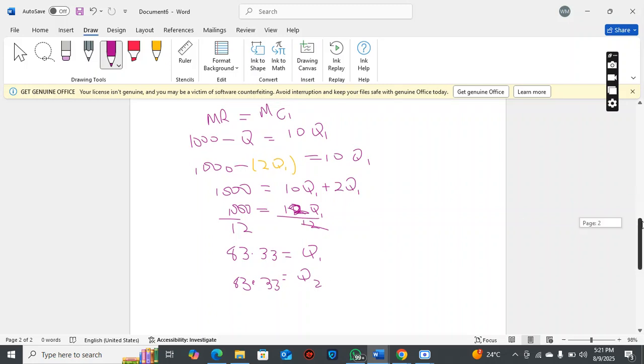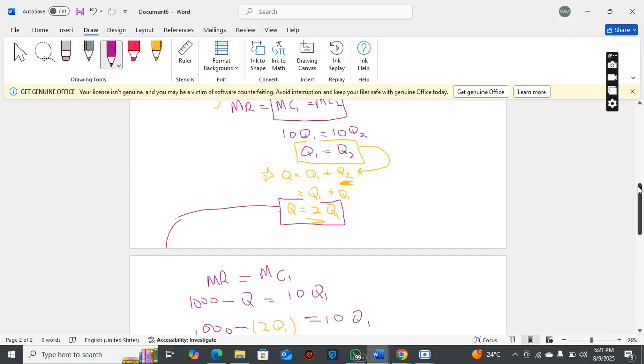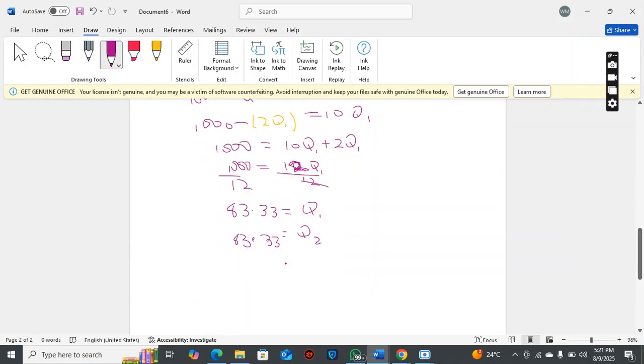All right. Then if you want to find the total value of Q, remember Q equals 2Q1 or Q equals Q1 plus Q2. You can use any of these. So if we use this one, Q equals Q1 plus Q2, we just say 83.3 plus 83.3.